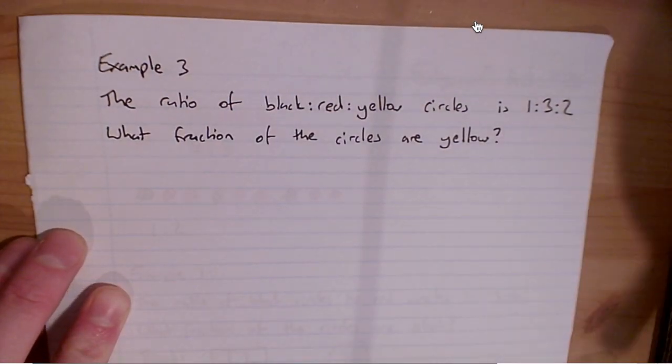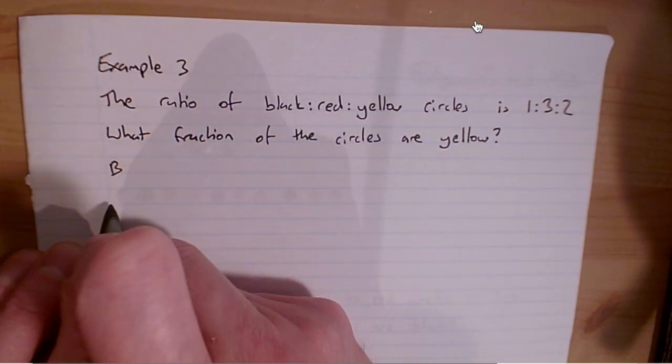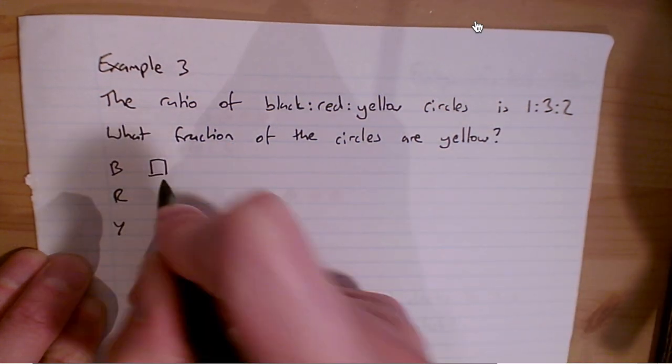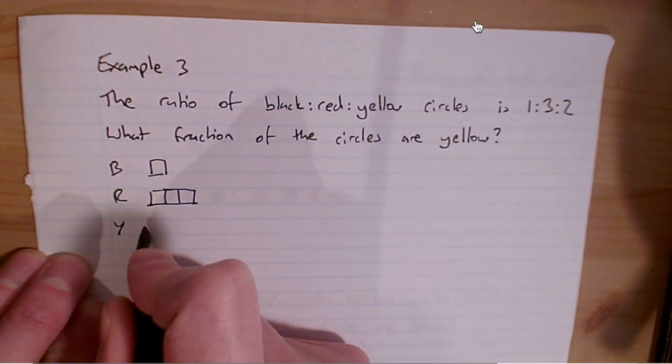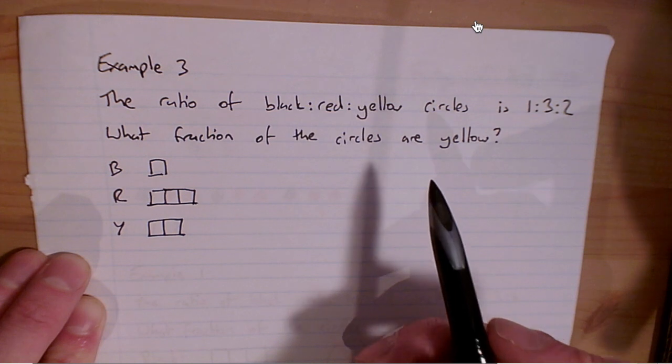Okay, I've got 3 different parts now, but it still works the same. So I've got black, red, yellow, 1 part black, 3 parts red, 2 parts yellow. And what fraction are yellow?